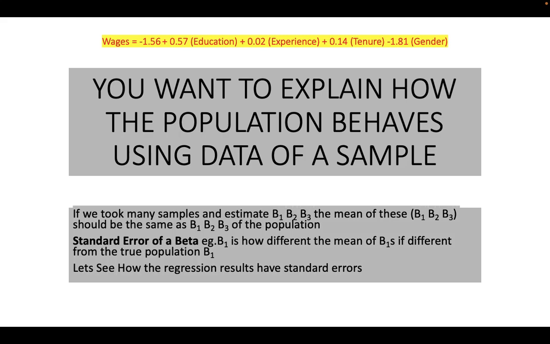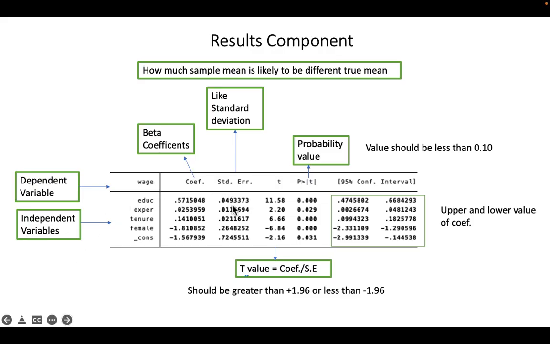It tells us something. To do that, we calculate something called the standard error of the beta, which is basically how different your beta is from the true population beta. There's some maths involved that is used to actually calculate this, and your regression results report this standard error.